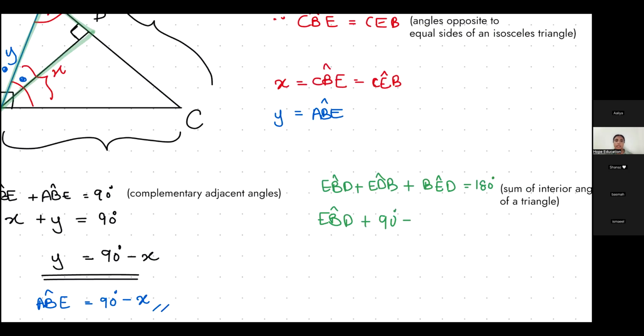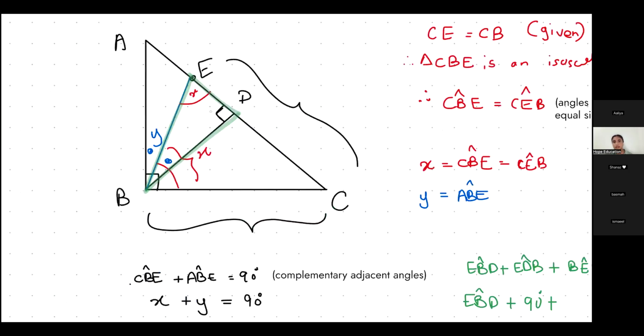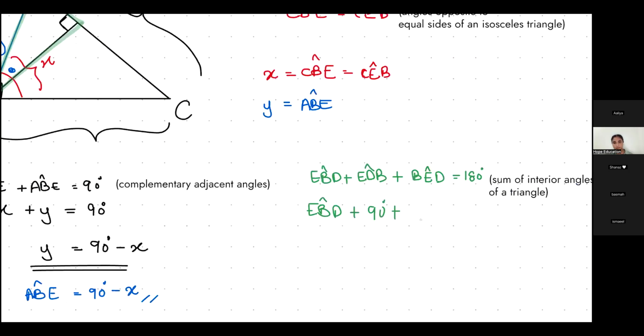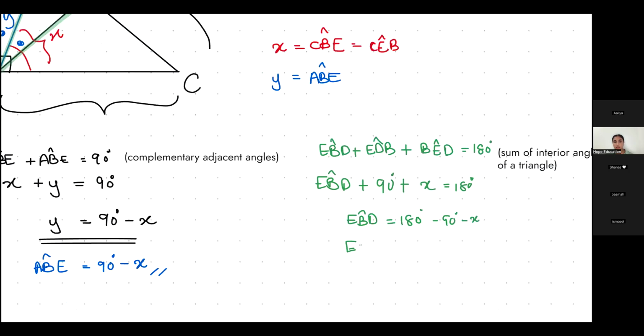BED is X. Equals 180. This 90, when you bring it to the other side, becomes minus 90. This X, when you bring it to the other side, becomes minus X. So EBD equals 180 minus 90 is 90, minus X.